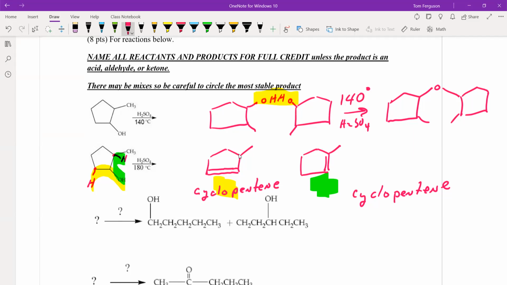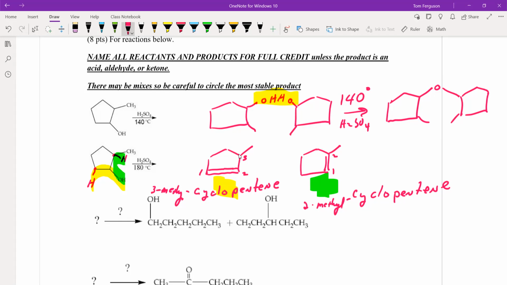And numbering, we're going to start here and go 1, 2, 3. So it's going to be a 3-methylcyclopentene. And this is going to be a 2-methylcyclopentene.